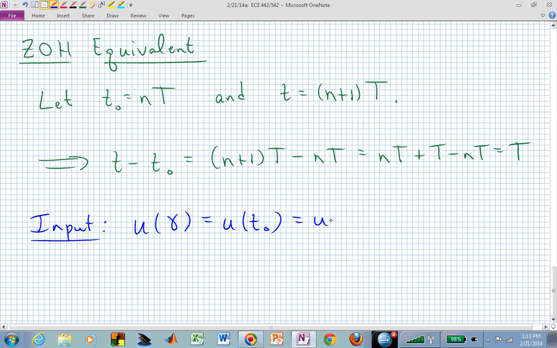Or if we've now called t sub 0 little n capital T, we are now saying u of gamma for all gamma between t naught and t, we are going to let that input u be a constant.